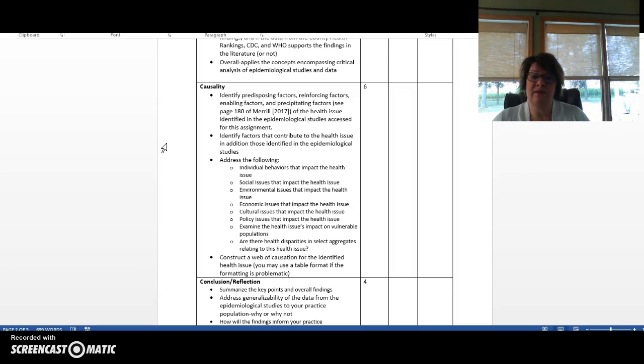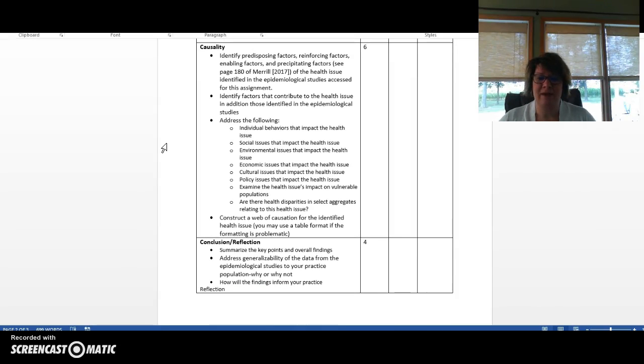There are many things that impact our choices and how we actually behave in our everyday lives. So you want to go beyond that individual behavior, because we're talking big picture here, and we want to look at all those factors that actually impact health, and it's a very complex and multifaceted set of factors.